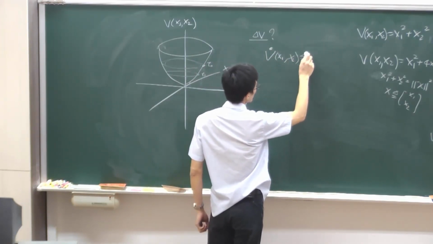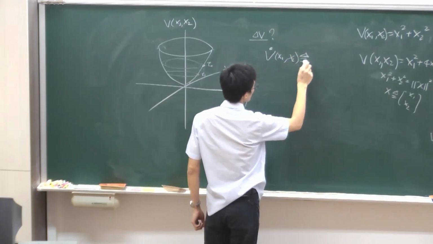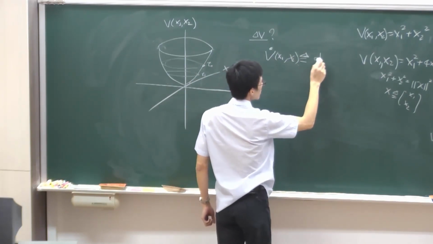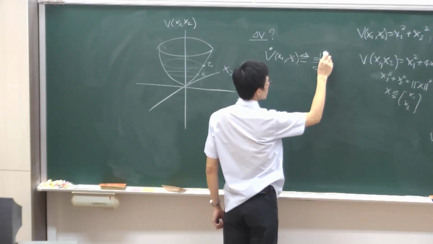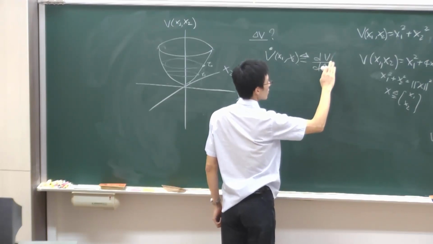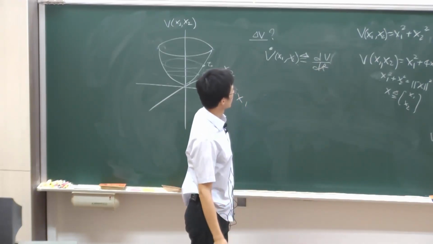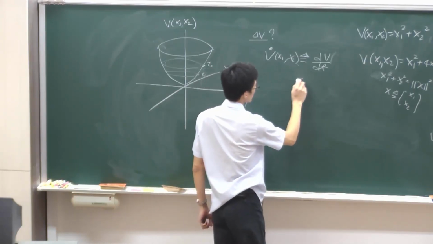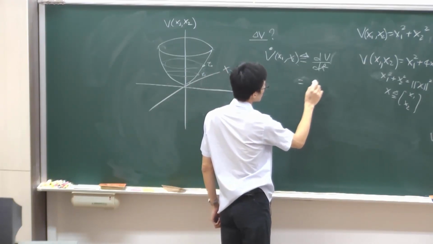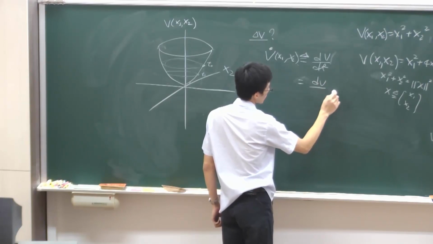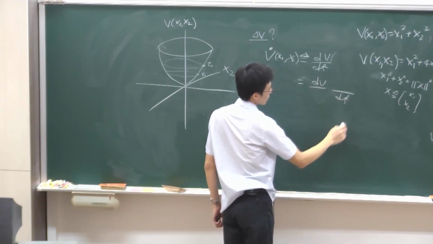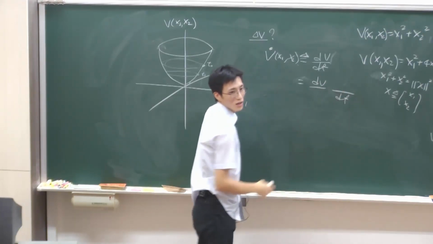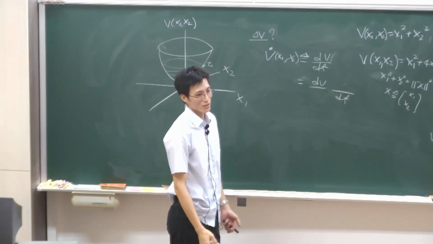which is defined as dV/dt, right? Anyone in the world know this? Use chain rule. What will you put in here? x dot, right?